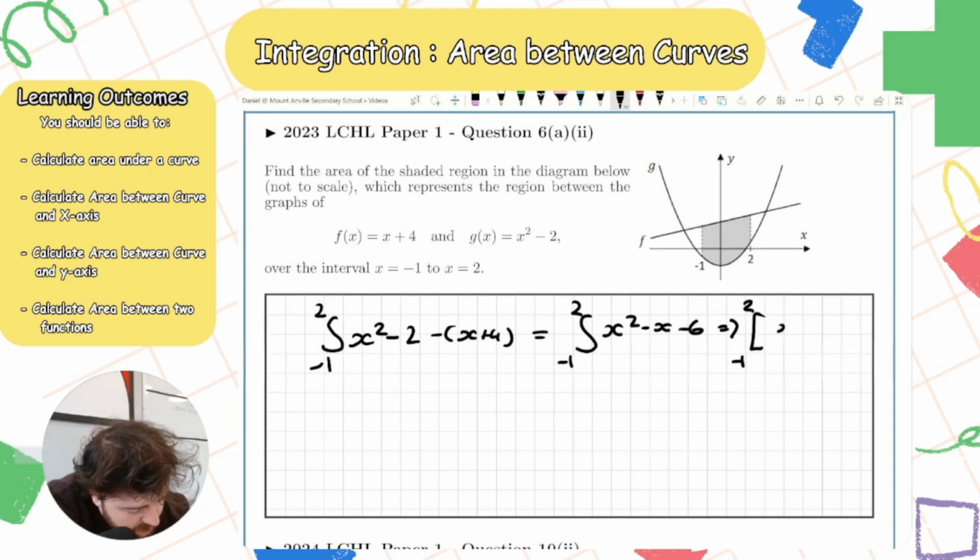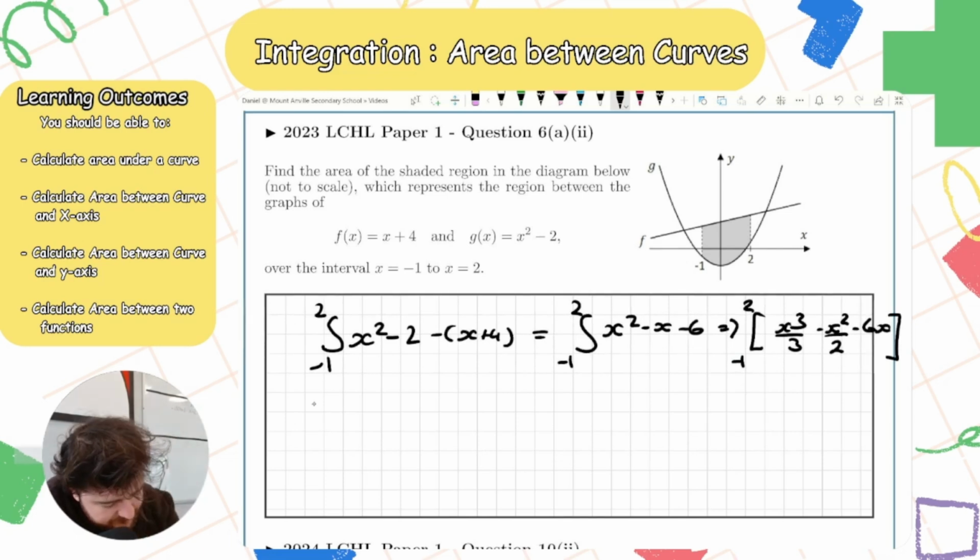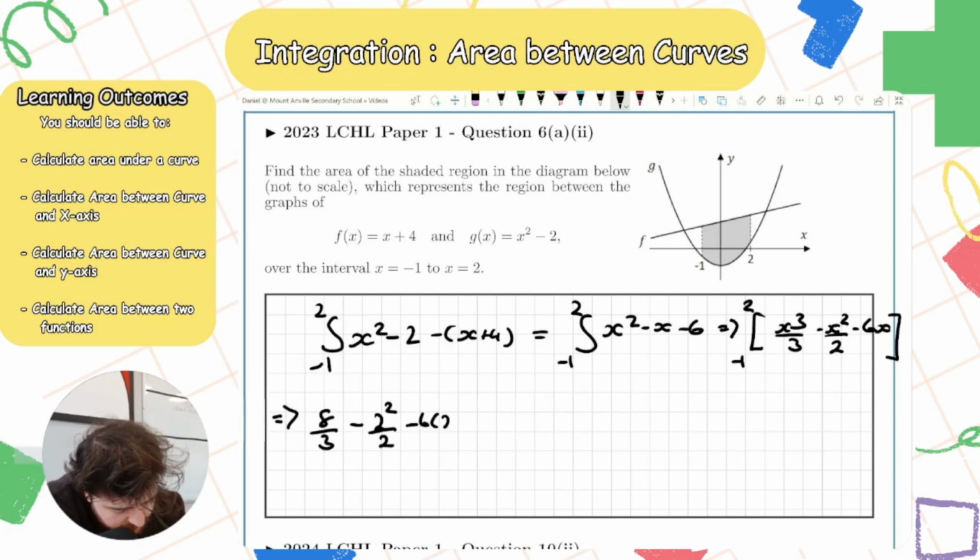Between 2 and minus 1, that is going to be x cubed all over 3 minus x squared all over 2 minus 6x. So that is going to be 8 over 3 minus 2 squared all over 2 minus 6 times 2, minus negative 1 cubed all over 3 minus minus 1 squared all over 2 minus 6 times minus 1.